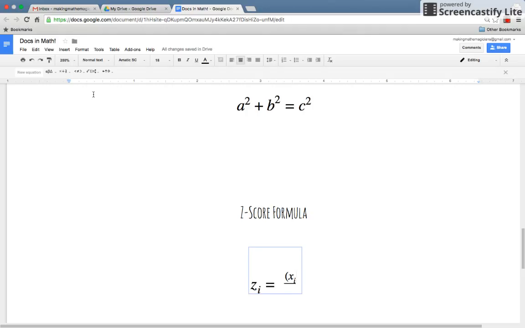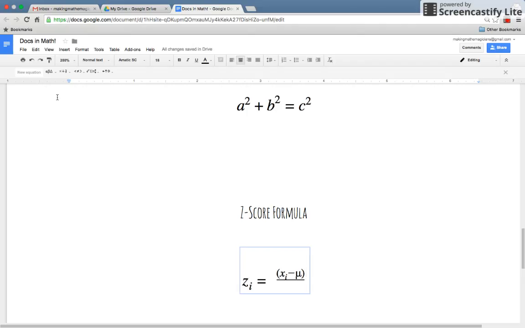Now my right arrow brings me out of that, minus. Now here I can either type in my keyword. For me, that's kind of what I do sometimes to help keep me straight, or I could go ahead and type in my symbol right there that stands for the mean. And I'm going to go ahead and close that out.